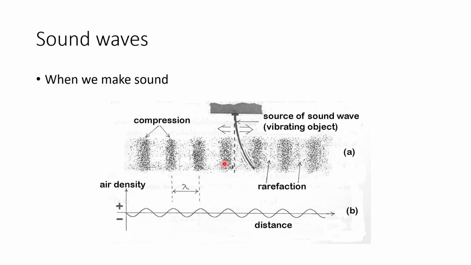First is the frequency of the compression, which depends on how fast the source is vibrating, and then as it travels out, the distance that it can travel per one loop of the compression period is going to be called lambda, which is the wavelength of the wave that's traveling.